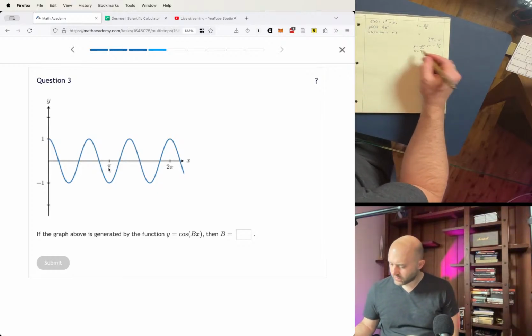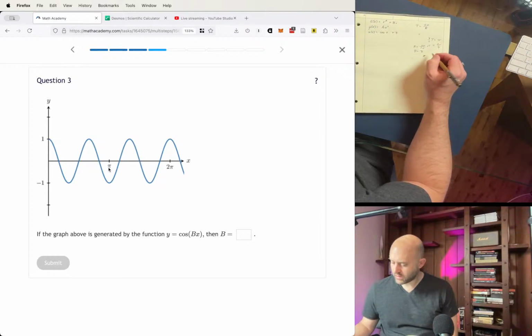Now, if b equals 3, then what happens here? So cosine here, if I put in pi, 3 pi would put me at 1, 2, 3, negative 1.